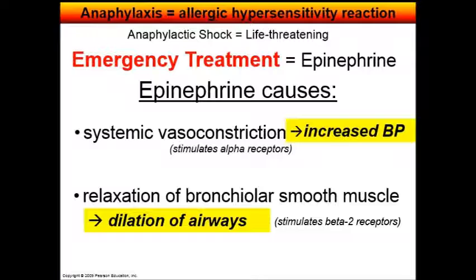T helper cell activation leads to mitosis, clones, and releases various signal molecules, cytokines, to wake up the cytotoxic T cell and B cell. It gets kind of complicated, but they interact. So the helper T cells will help both the B cells and the CD8 cells to get active and mount a response.